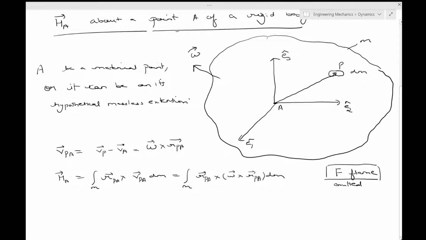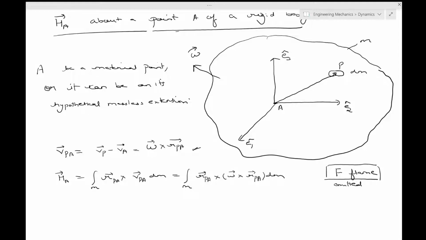Okay, so VPA can be written as omega cross RPA according to this. So that's the moment of momentum about A for this whole rigid body. In one word, the total mass is m, and we are writing it for the small mass dm, then integrated over.